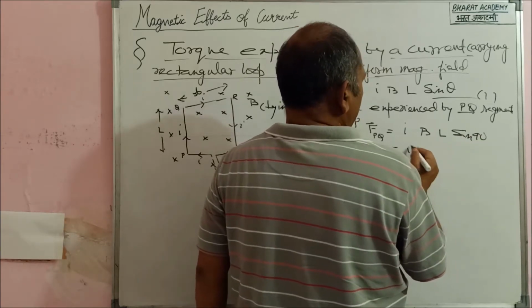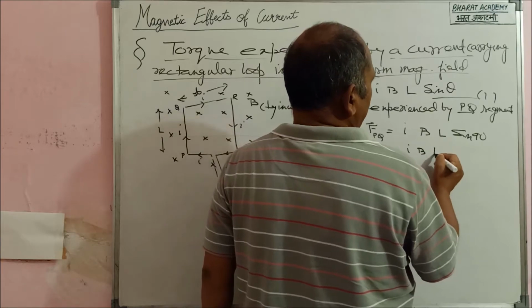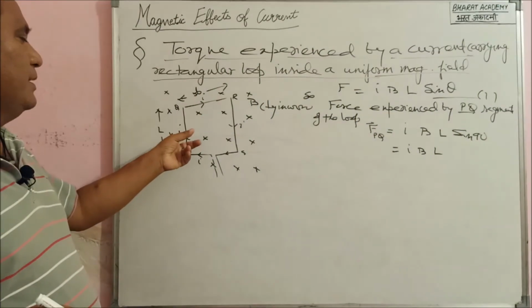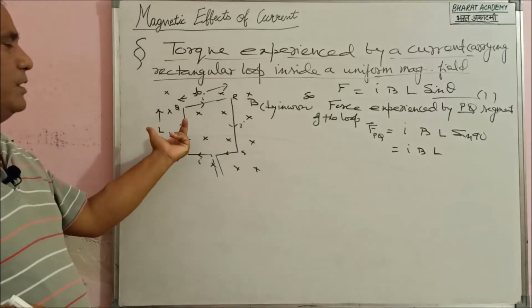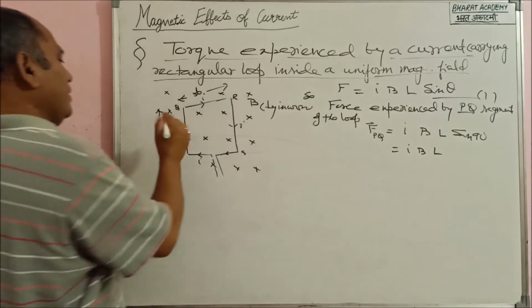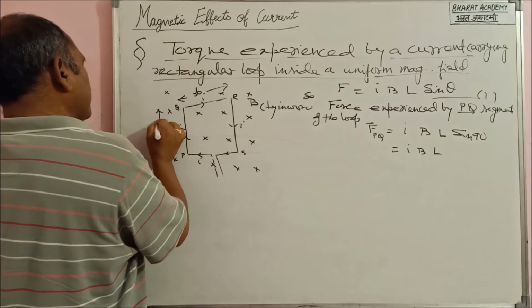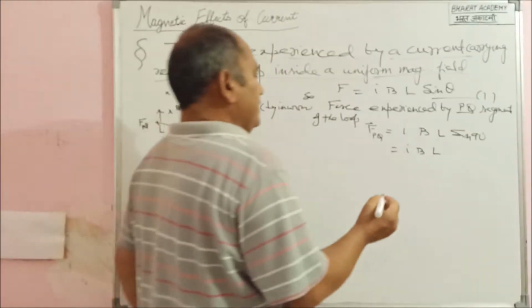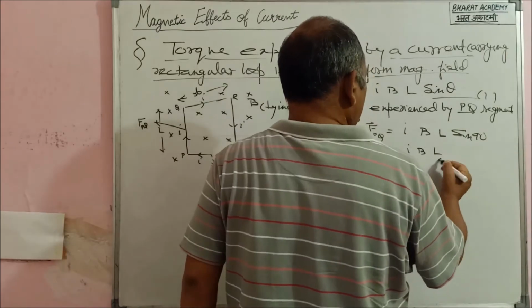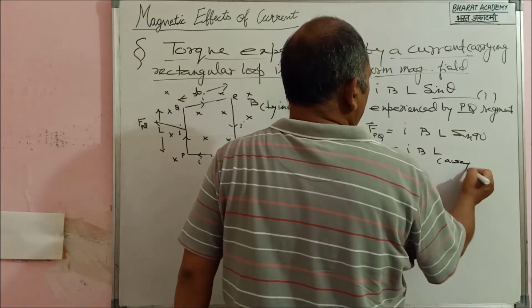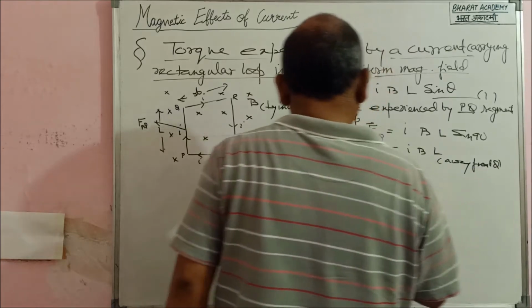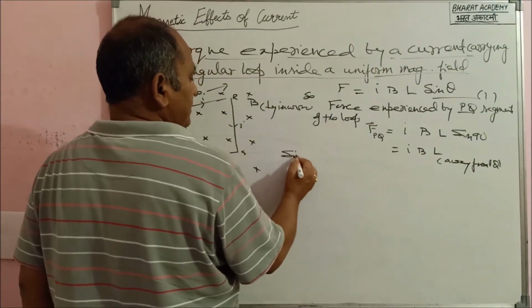So it will be I B L. What will be the direction? Apply Fleming's left hand rule. Direction will be like this, means a force is acting on it in this direction, FPQ, away from PQ, right?